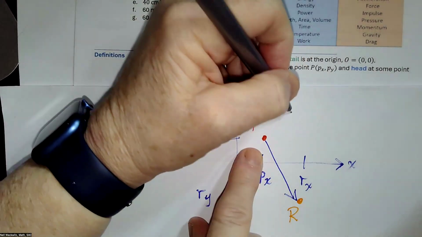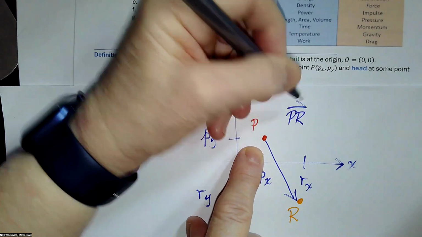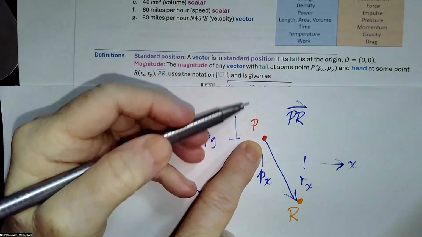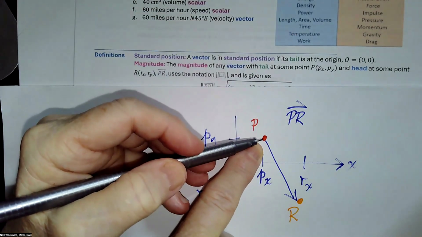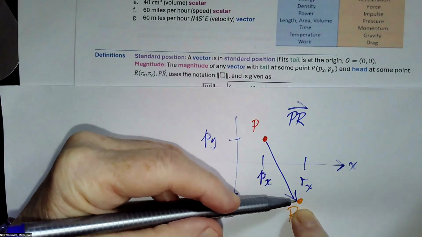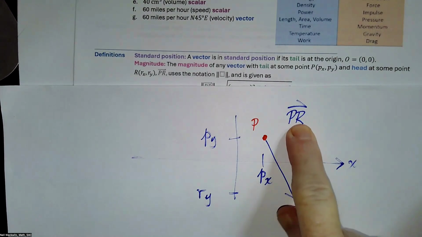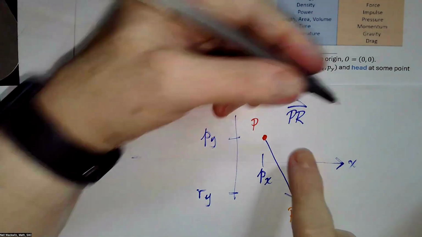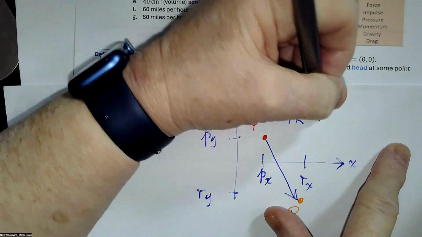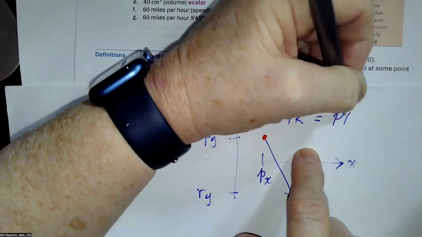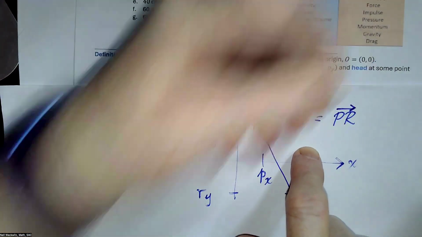So we would say that PR, the tail is at P, pardon me, the head is at R. That means it's going from P to R. And we illustrate that. Sometimes you see a half arrow, and sometimes you just see a regular little arrow.